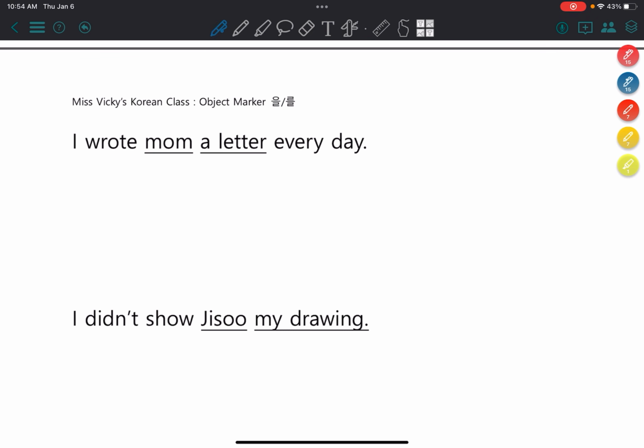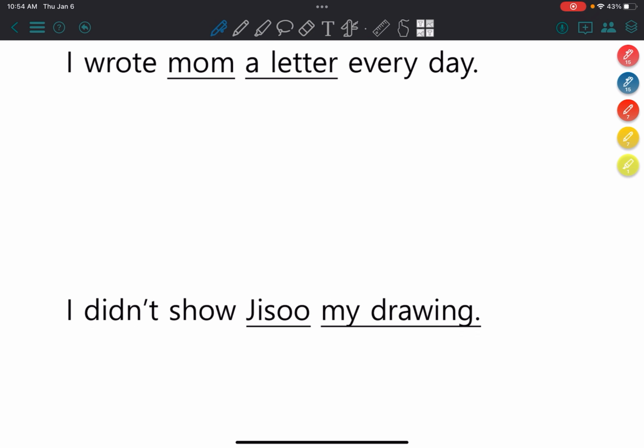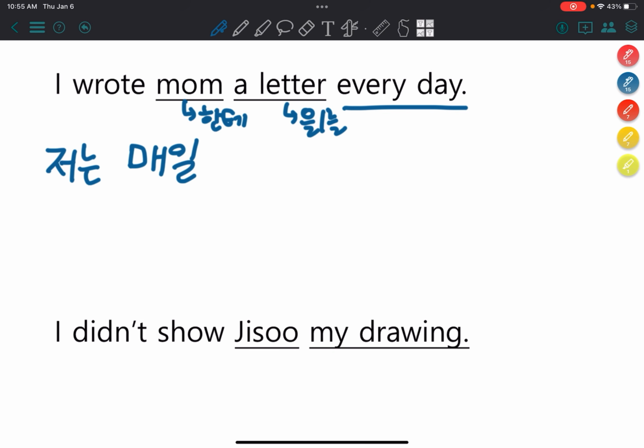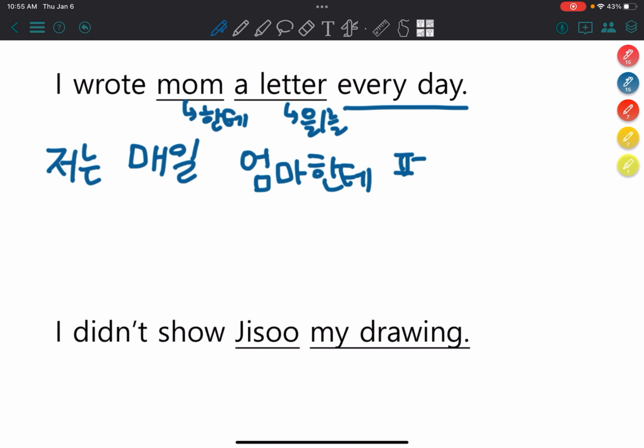Let's try two more. So I wrote mom a letter every day. 저는 every day, 매일. And mom has to be marked with 한테. Letter has to be marked with 을, right? 저는 매일 엄마한테. A letter is 편지를 썼어요.